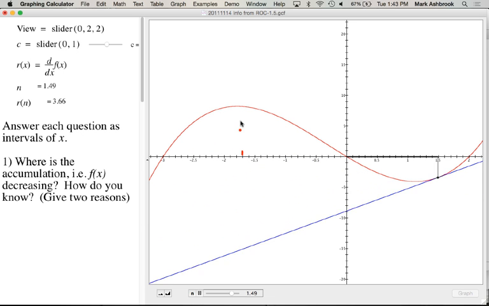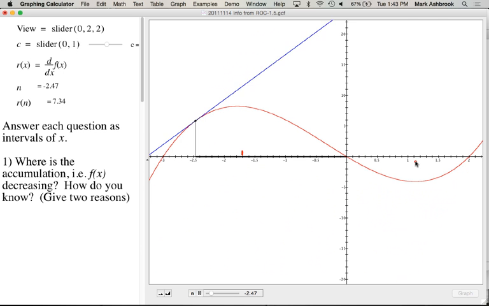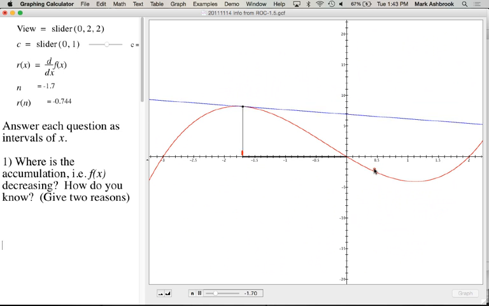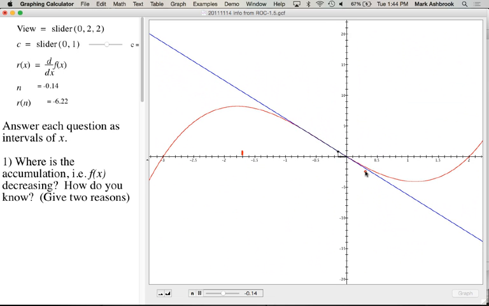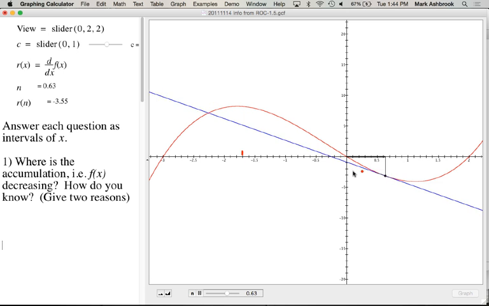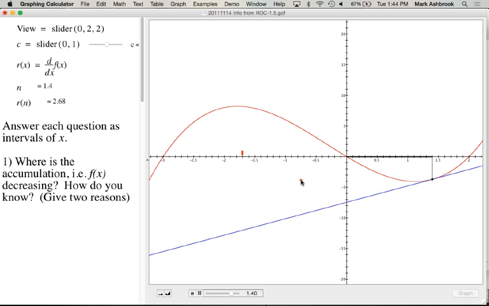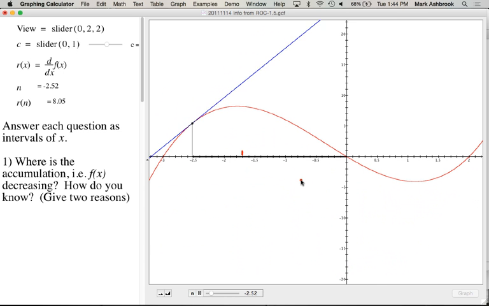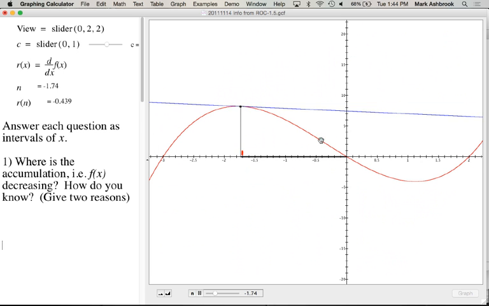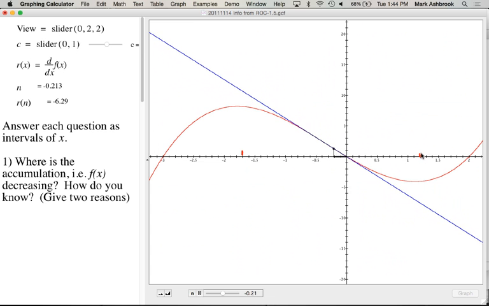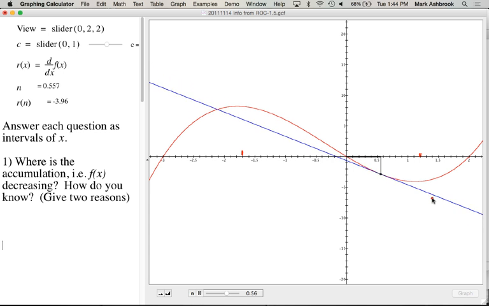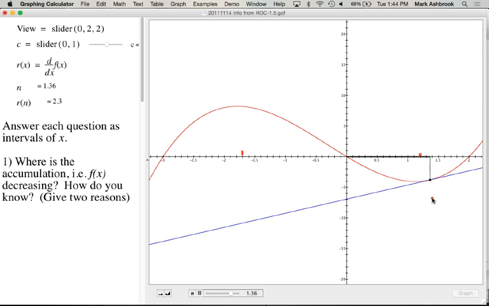So because the rate is 0 here, that's how you know it was decreasing here? So we're asking about when the accumulation is decreasing, and you're really focusing on the 0. Is that how you know that it's decreasing? Again, what is it about it that makes it decreasing?